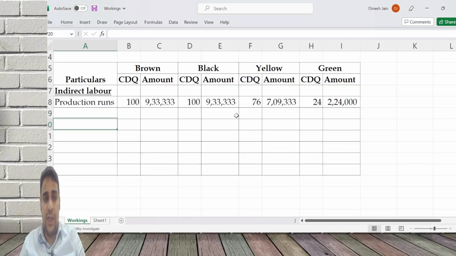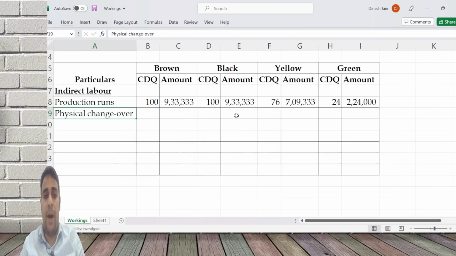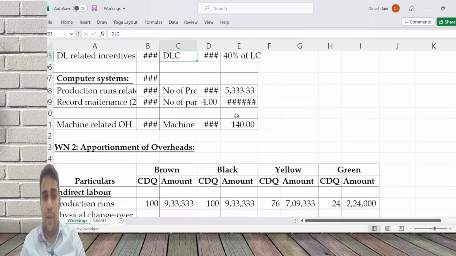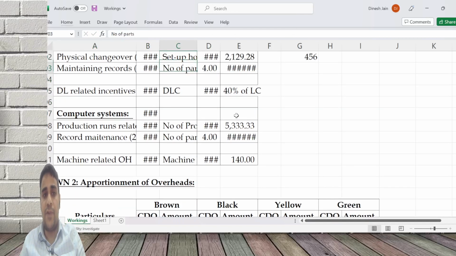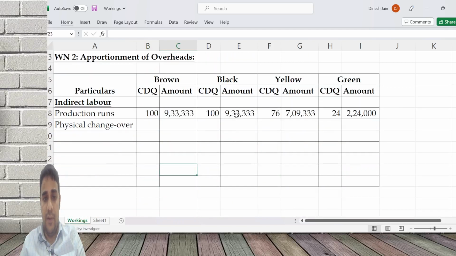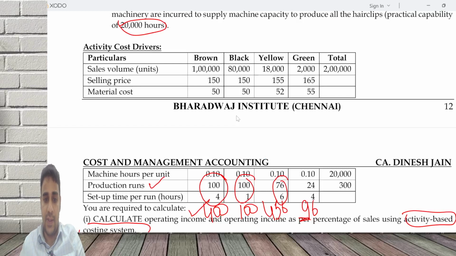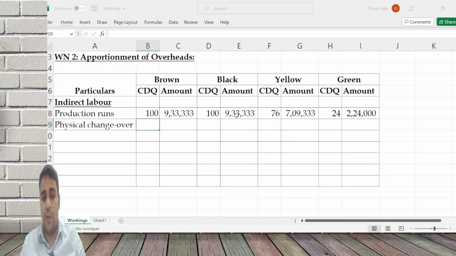Second is physical changeover, which we decided based on the number of setting up hours, which is 400, 100, 456 and 96. That is 100 into 4, 100 into 1, 76 into 6 and 24 into 4.